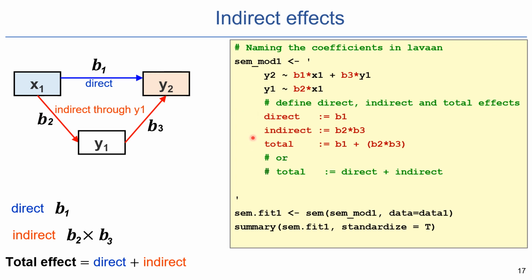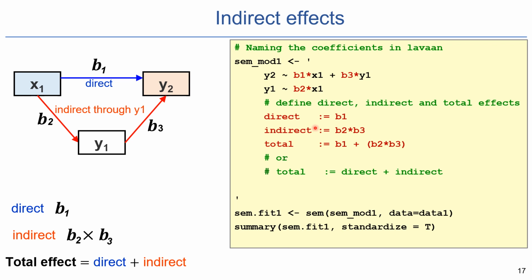But the first step would be to label our parameters. And as you can see here, I have added the labels for the coefficients for each variable. But note, these parameter labels should start with a letter, not with a number. Now, when we label the parameters, we can define the direct, indirect, and total effects.